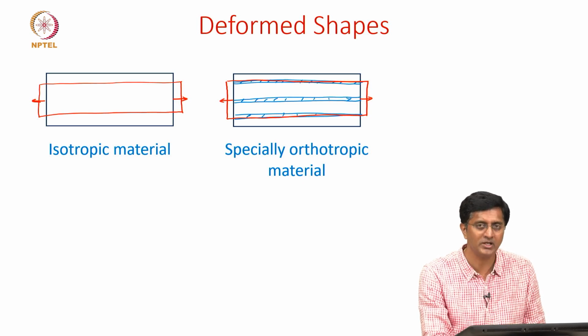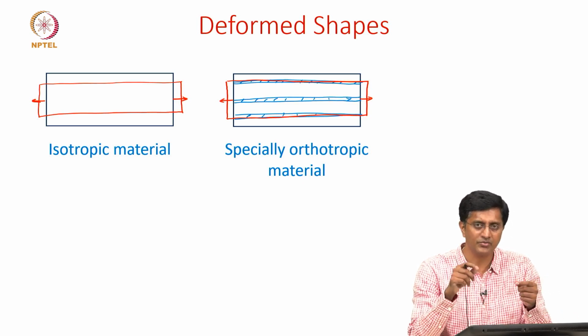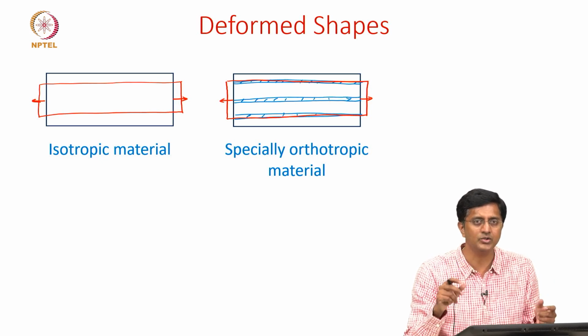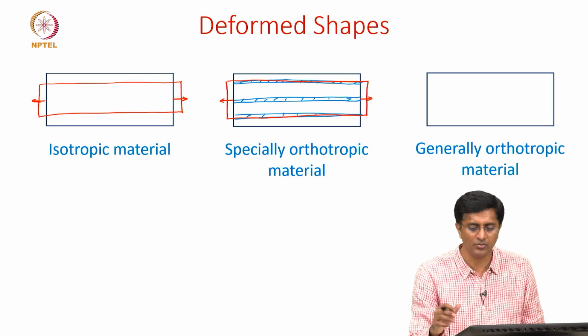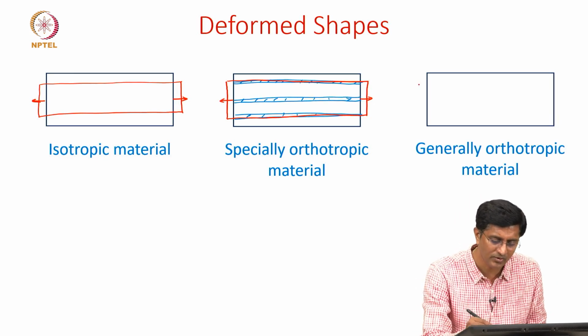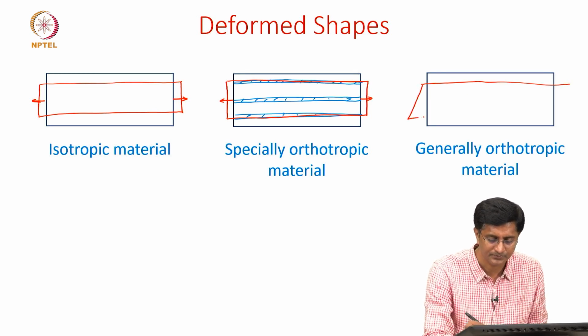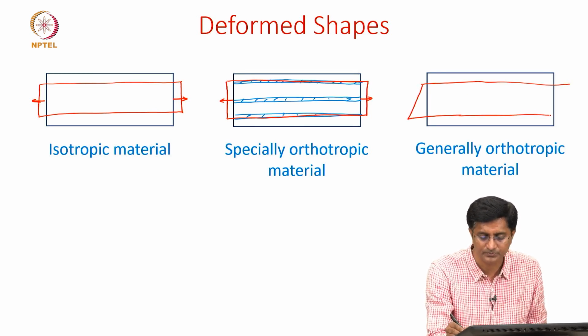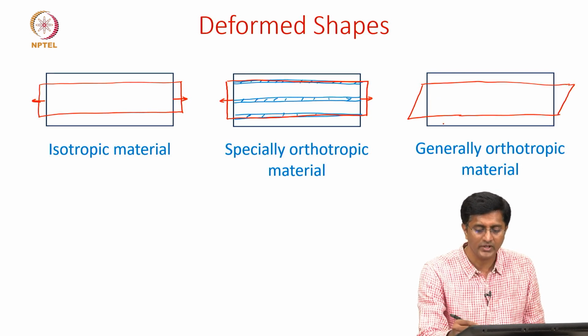But for the same material, if instead of applying the load along the direction of fibers, I apply loads at an angle to the direction of fibers, then the deformation will be slightly different. There we will expect to see a shear. And why is it so?